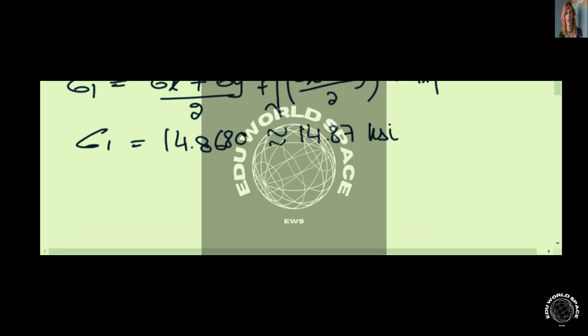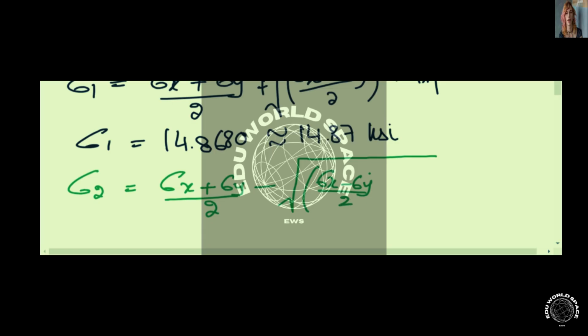Now we need to solve for sigma sub 2, the other principal stress. The equation for sigma sub 2 is (sigma sub x plus sigma sub y) divided by 2, negative under root, ((sigma sub x negative sigma sub y) divided by 2) squared plus tau sub xy squared. Again, I'm going to skip plugging in the values; you can do it by yourself.